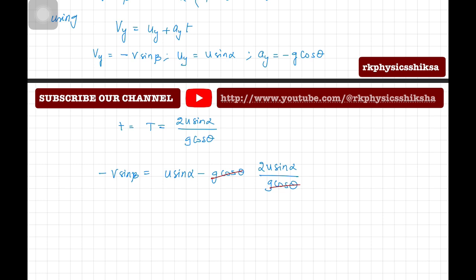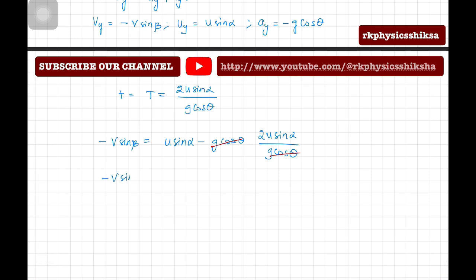So minus V sin beta is equal to u sin alpha minus 2u sin alpha. So minus V sin beta is equal to minus u sin alpha. So minus will be plus, so V sin beta is equal to u sin alpha.